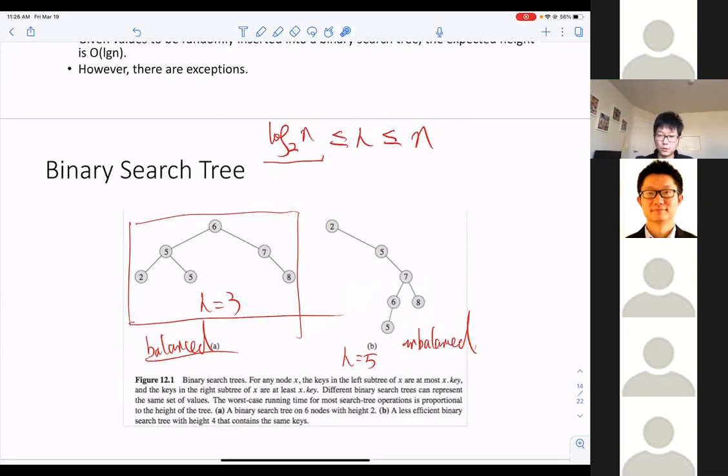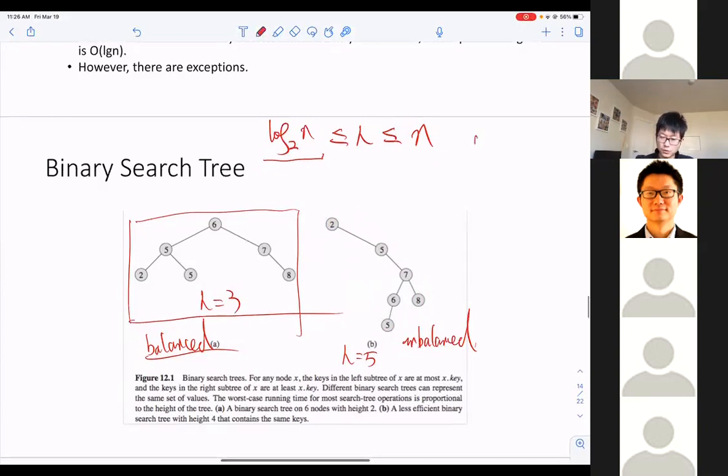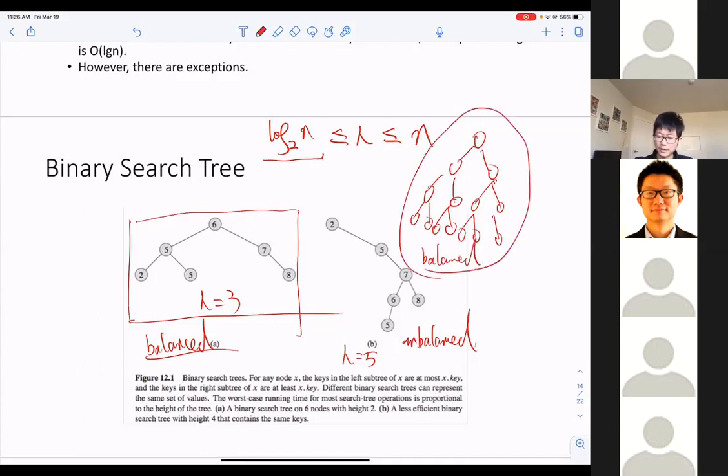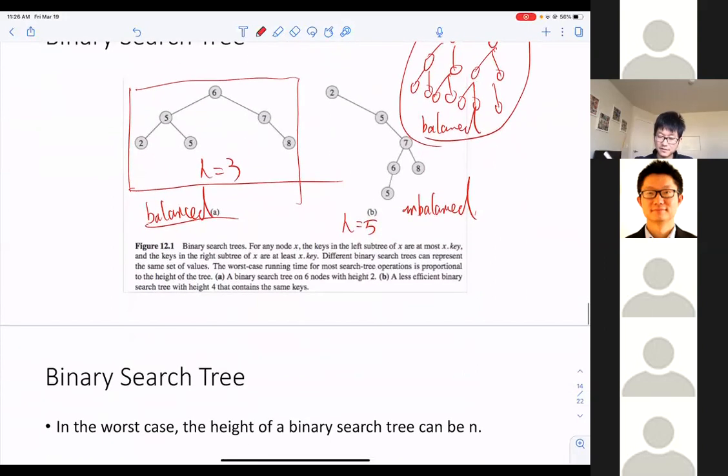Okay, so basically we want to have a tree which is pretty much like this. So this is a more balanced tree, and then an extreme case is over here.